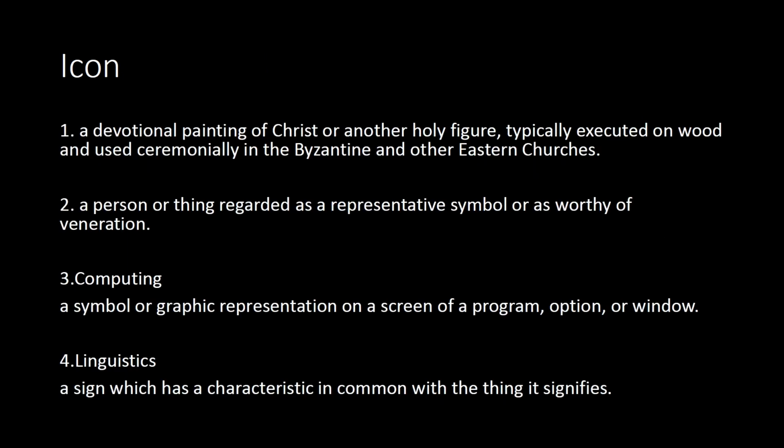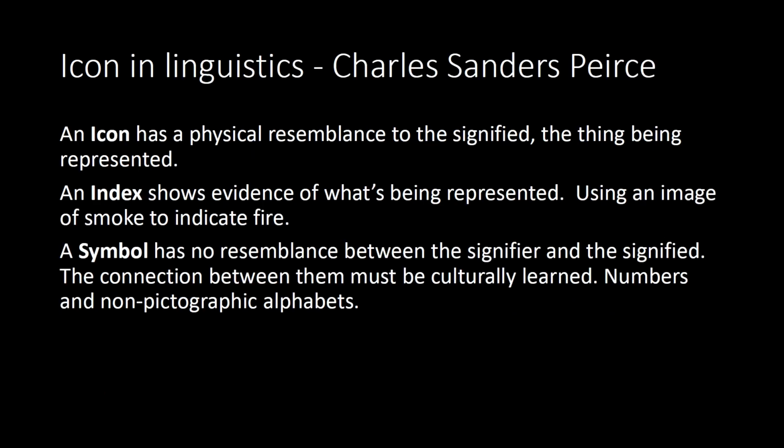And in linguistics, an icon is a sign which has a characteristic in common with the thing that it signifies. So an icon, and this is a little bit of an aside, but it's worth thinking about, has a physical resemblance to the signified, to the thing being represented.